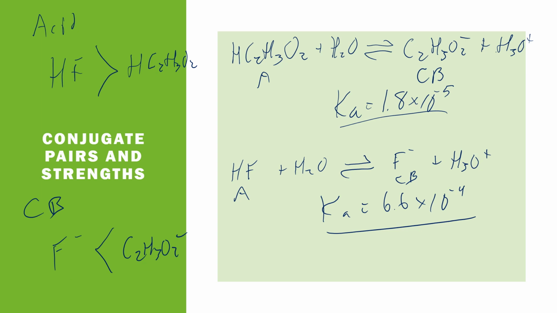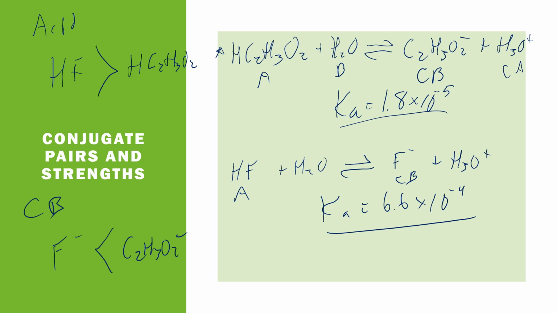They could also ask you which side of the reaction is favored in this. For the most part, we're going to see very little of the products being formed, but they could ask you to compare. So like in this first reaction, we have the acetic acid, the water's acting as a base. And then on the product side, we have conjugate base, and the H3O plus is the conjugate acid.